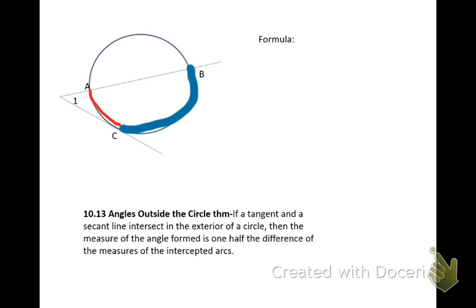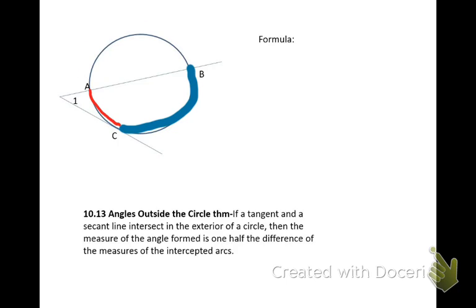Those two arcs are intercepted by these lines. Everybody see that? It starts here, goes to B, and then from A to this point C. What you're going to do now, rather than add them, you're going to subtract them.